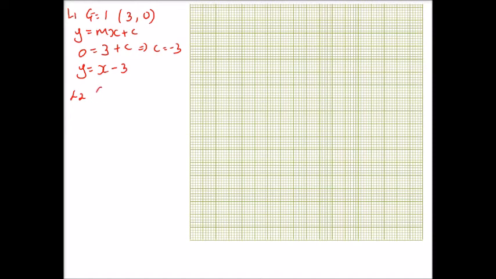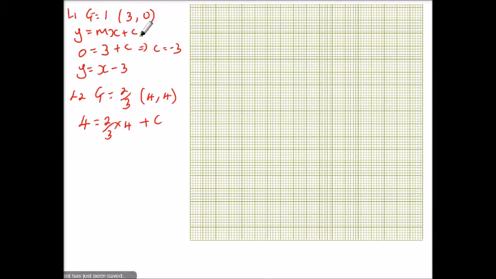Line 2, we are told the gradient is equal to 2 over 3, and it passes through the point (4, 4). With this, we can still use the same equation: y is 4, equals the gradient 2 over 3 multiplied by 4, and we add c.